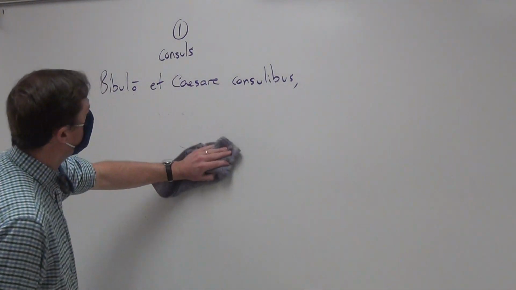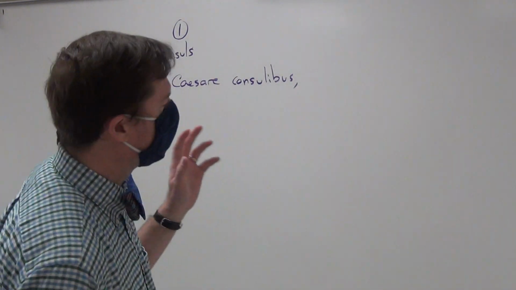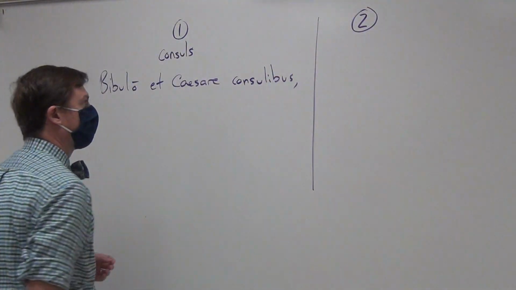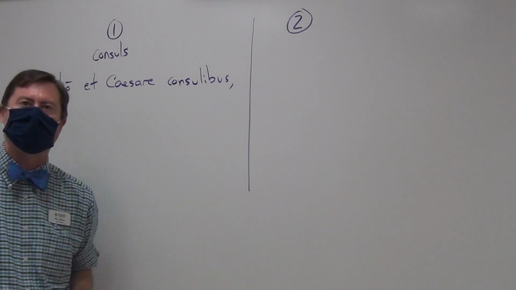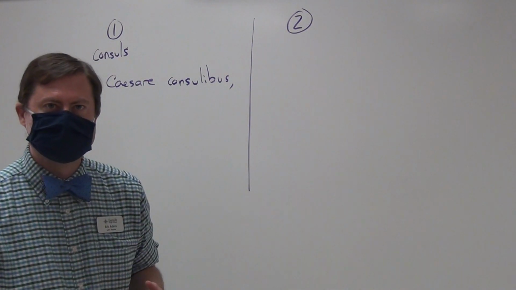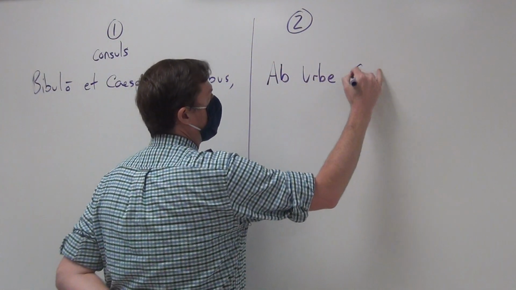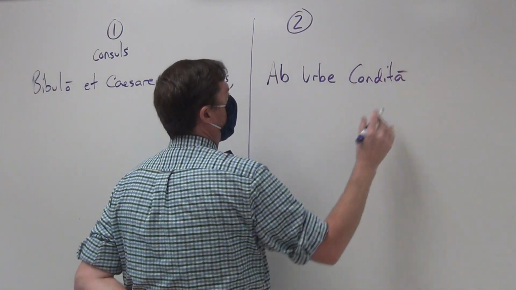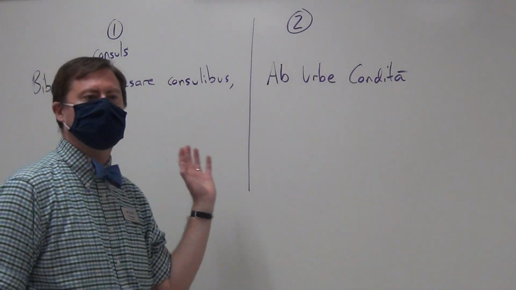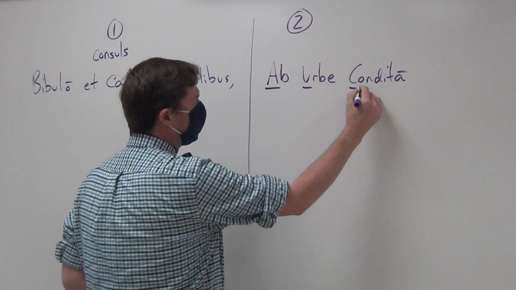Now, let's consider the second way by which the Romans could express their year. First is, like I said, with the consuls. Secondly, they take their important event, and their important event is the founding of the city. And they use this phrase, ab urbe condita, from the city having been founded, and they just count from that year. Now, they abbreviate it AUC.